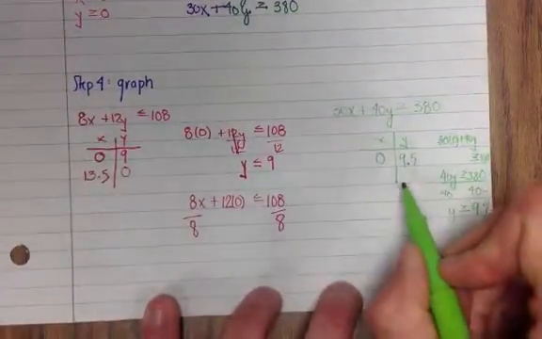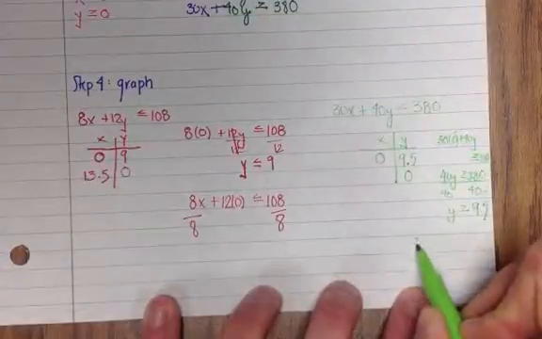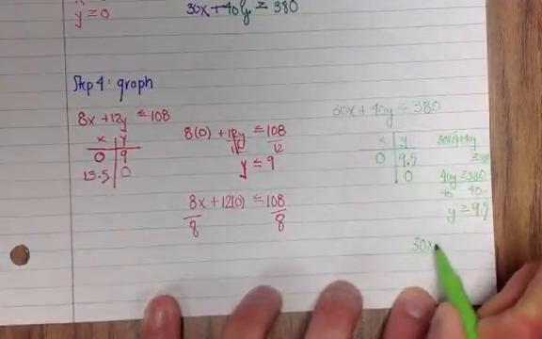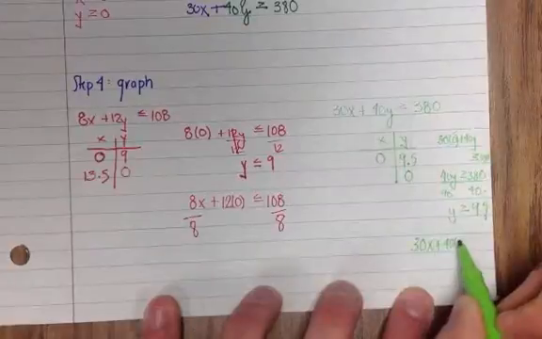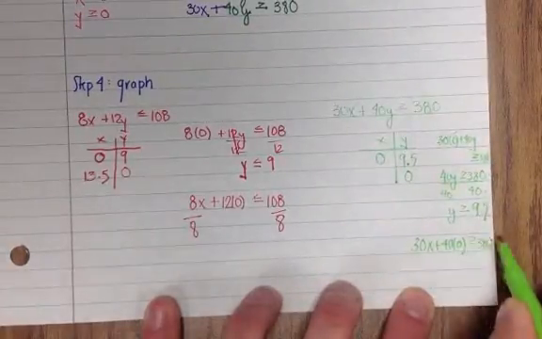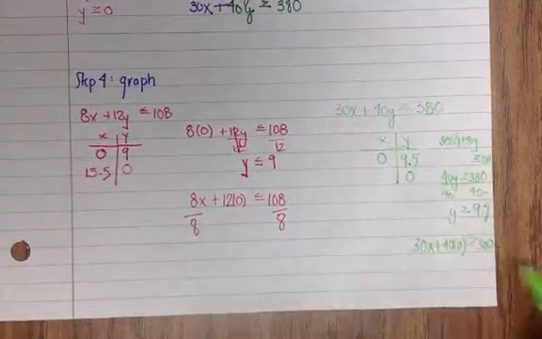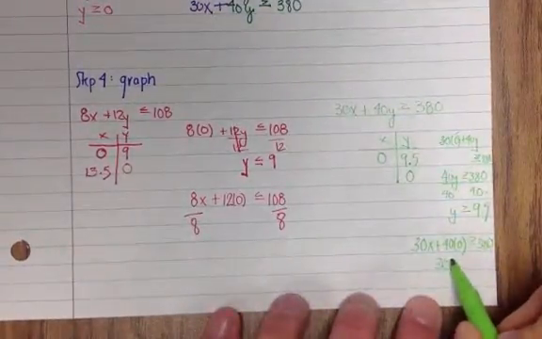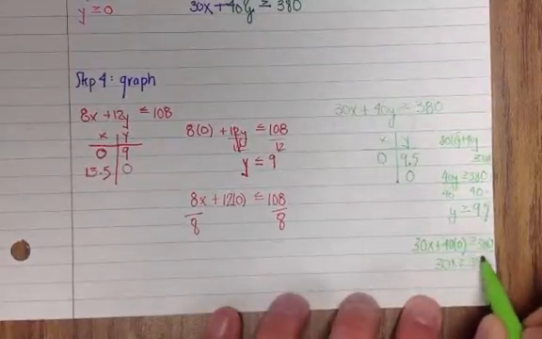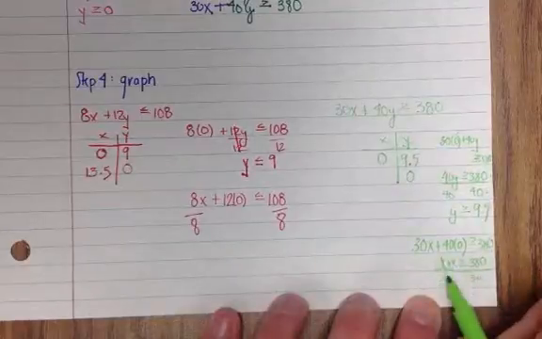So our last one is, what happens when y is equal to 0? So I'm going to have 30x plus 40 times 0 is greater than or equal to 380. Anything times 0 is 0, so I get to cover that up. So I'm going to be looking at 30x is greater than or equal to 380. I'm going to divide both sides by 30.